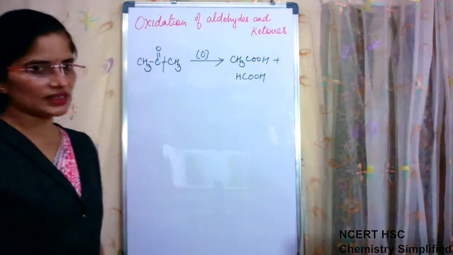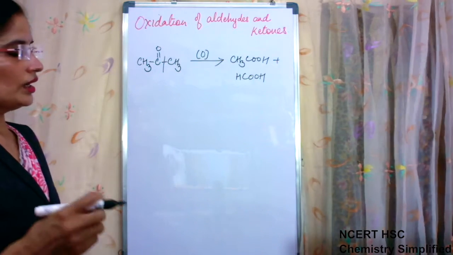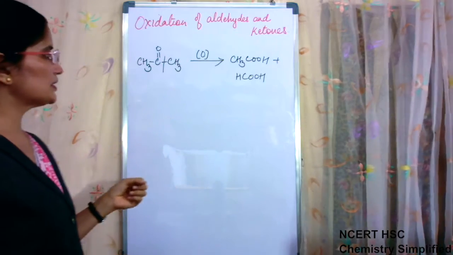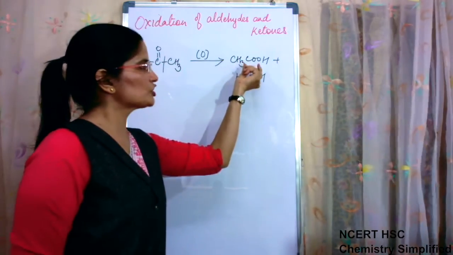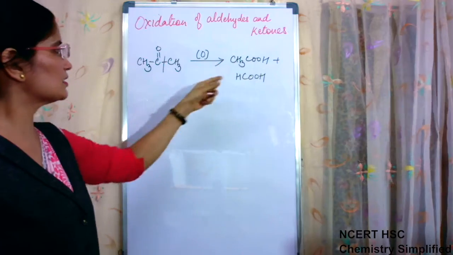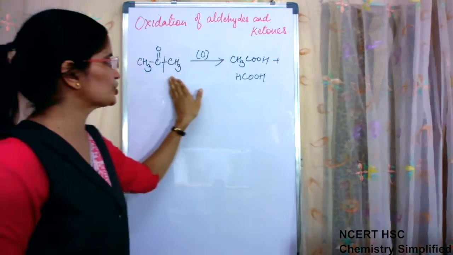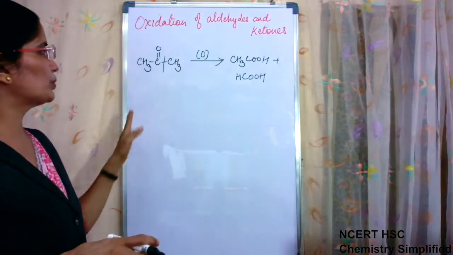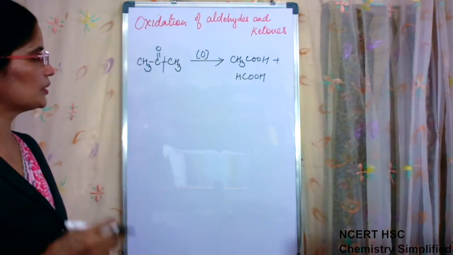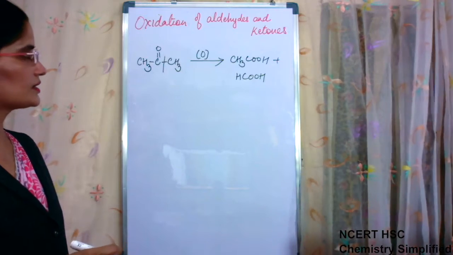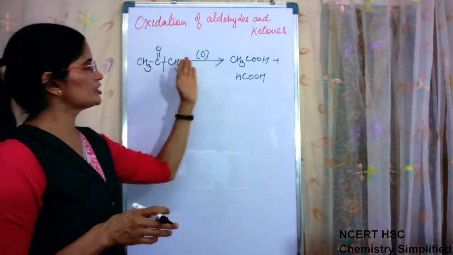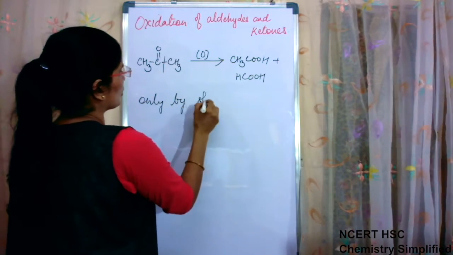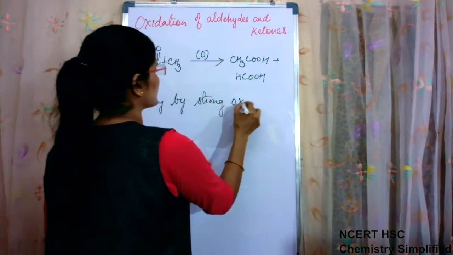HCOOH. That means in case of ketones, first thing, it will be oxidized only with the help of a strong oxidizing agent. Second thing, the acid which will be formed will have lesser number of carbon atoms than the original ketone, because one bond is required to be broken in case of ketones. Then only it can convert into acids. So it will be oxidized only by strong oxidizing agents.